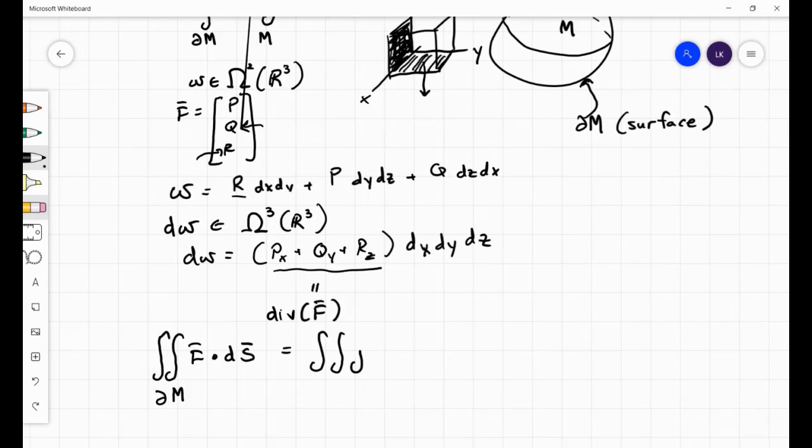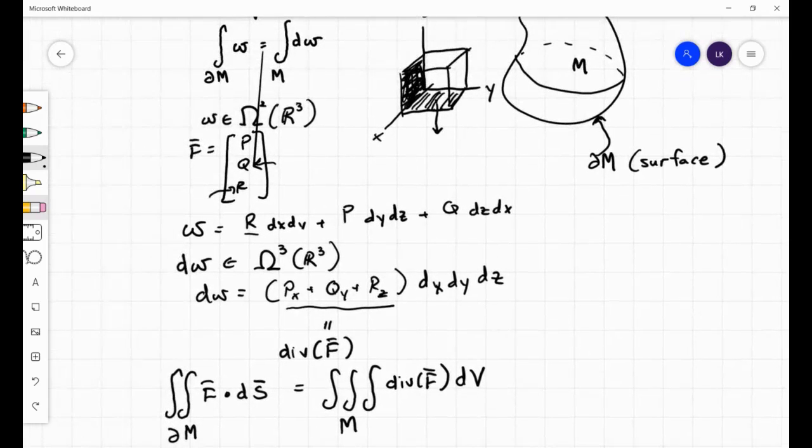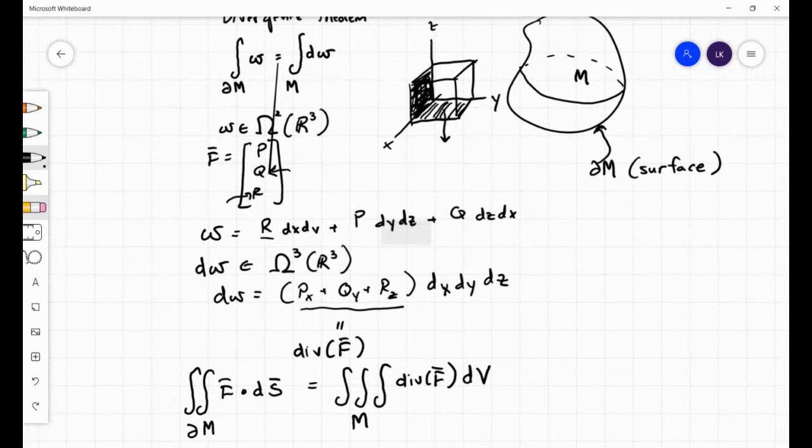It's the same as the integral over the bounded region, so that's an integral over a 3-dimensional region, a triple integral, of the divergence of your vector field, dV, say, for differential volume element. So again, this is another manifestation of the generalized Stokes theorem here.